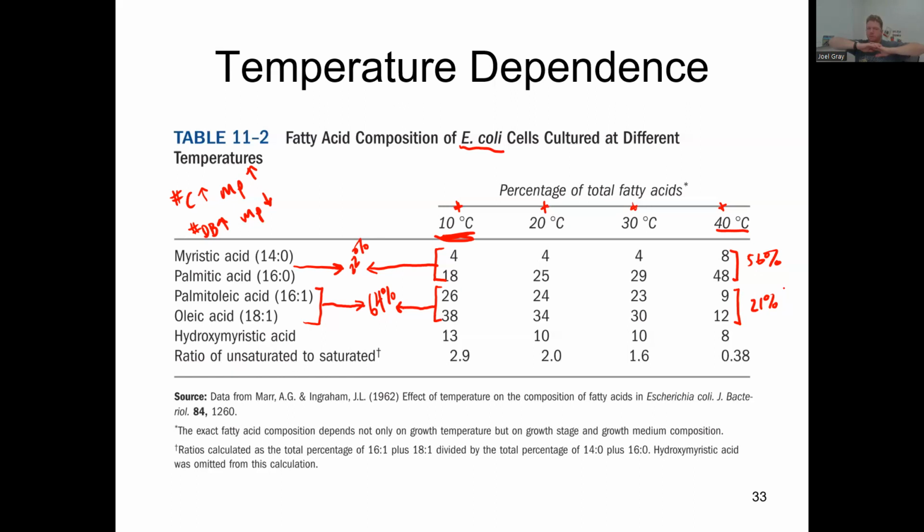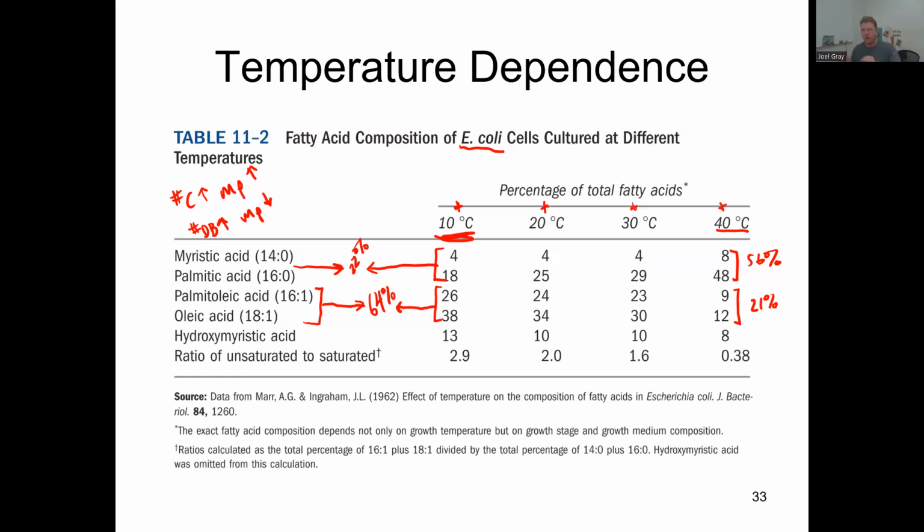If 64% of the fatty acids were unsaturated at 40 degrees Celsius, then the mobility is like this. There's way too much motion. The structural integrity of that membrane is going to be compromised at that high of a temperature combined with that high a percentage of unsaturated fatty acids. But what we're able to do is find this balance where there's mobility, but not too much where everything's lost.